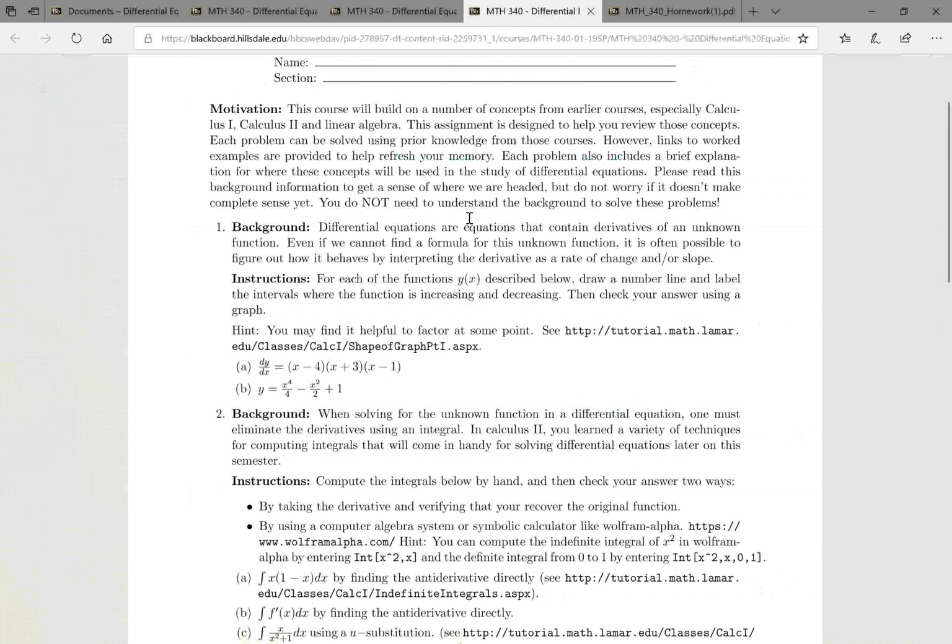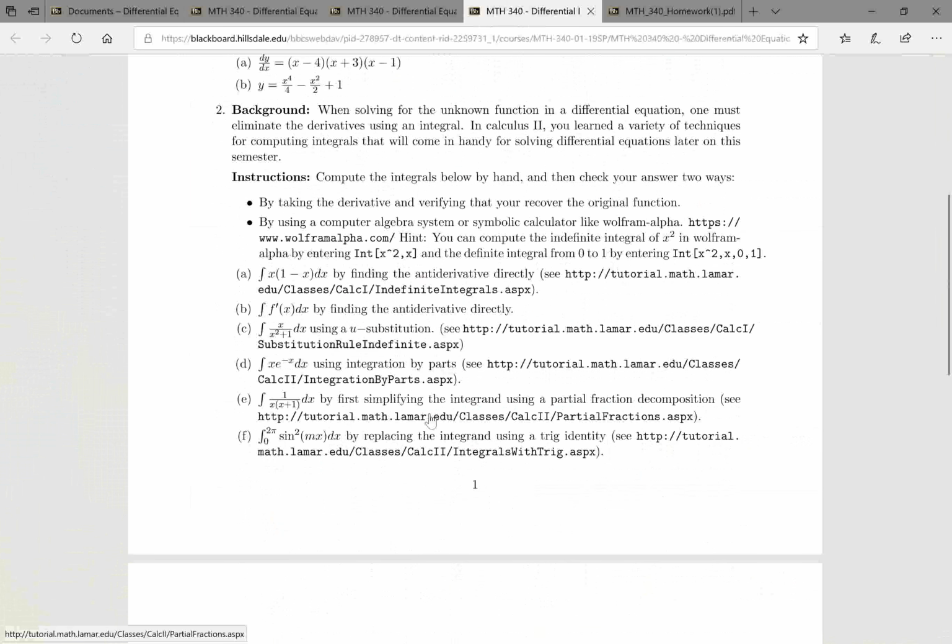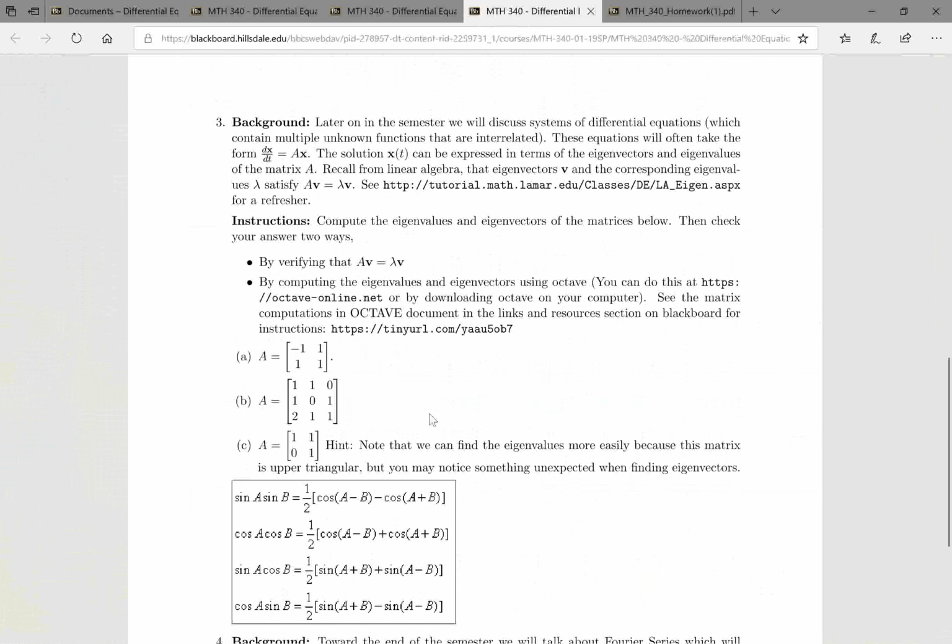I wanted to give you a chance to refresh your memory on some of the concepts from prior courses that we will need. And so there are 4 problems. They involve things like interpreting the derivative as a rate of change, computing some antiderivatives and some definite integrals, and also a little bit of linear algebra, finding some eigenvalues. So if you are a little bit rusty on these things, don't worry.